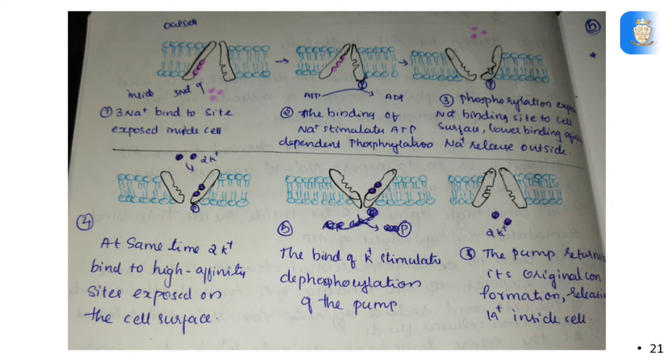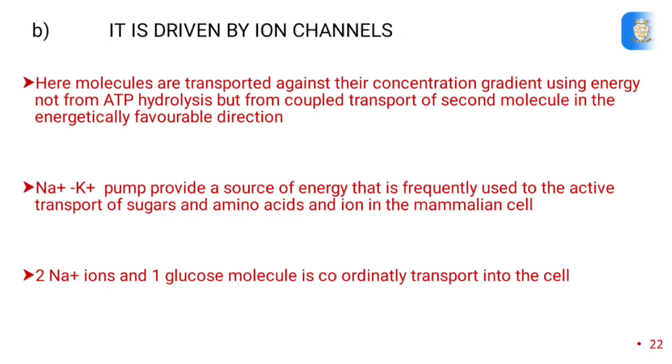Phosphorylation exposes the Na+ binding site to the cell surface, lowers the binding affinity for Na+, and releases it outside. At the same time, 2 K+ bind to the high affinity site exposed on the cell surface. The binding of K+ stimulates dephosphorylation of the pump. The pump returns to its original conformation and releases K+ inside the cell.